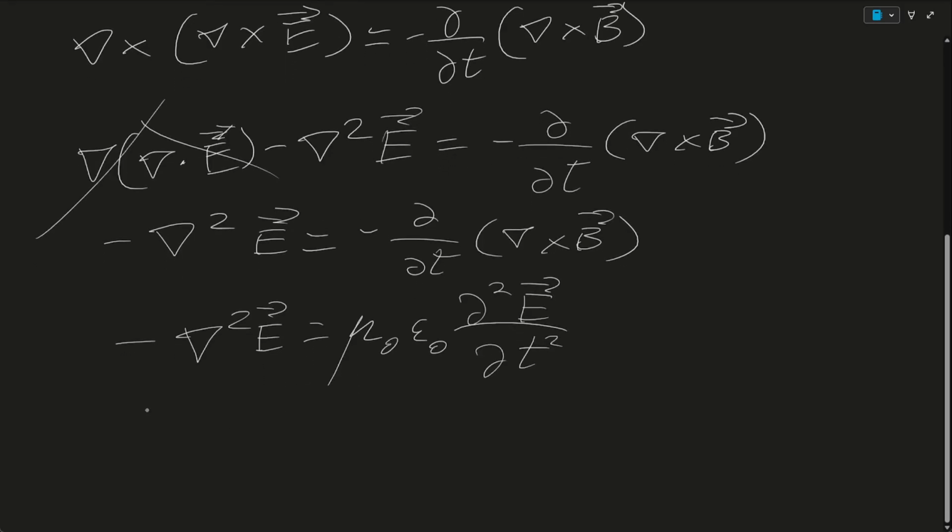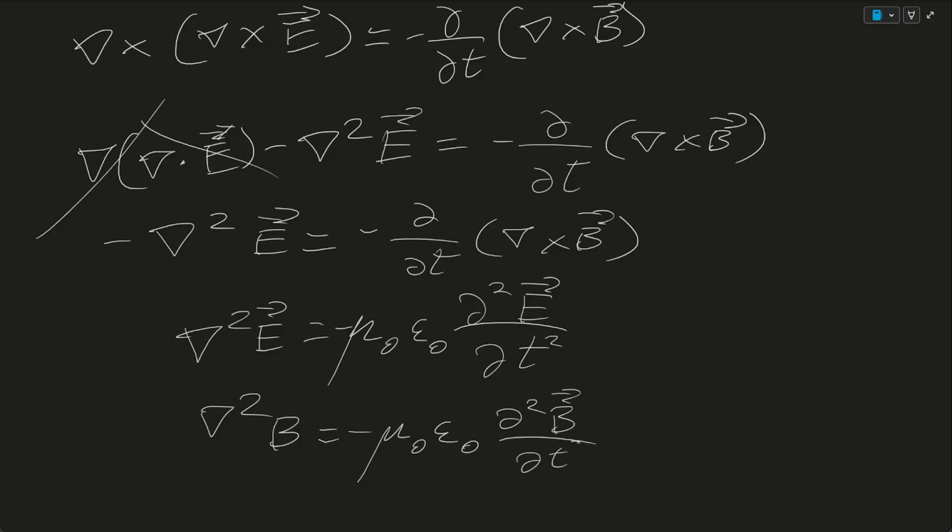This is one bit, and then you just repeat the same thing for B. Actually you can bring that to the other side. Take my word for it: the Laplacian of B is equal to minus mu naught epsilon naught d squared B over dt squared, and these are both equal to 0.